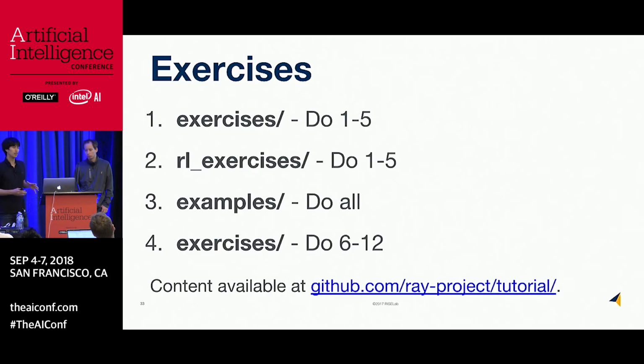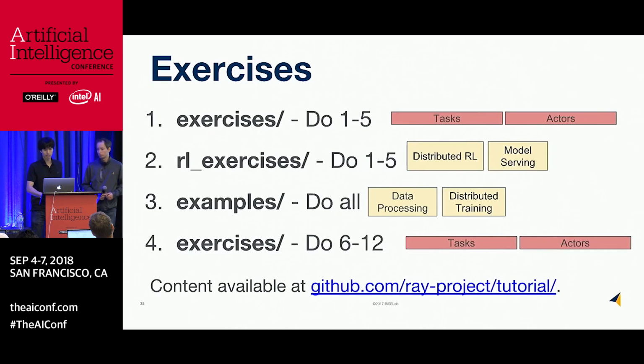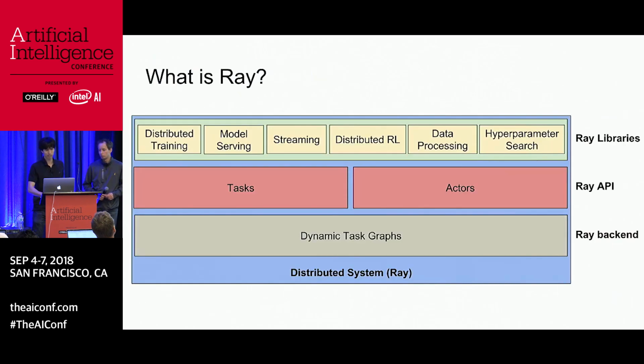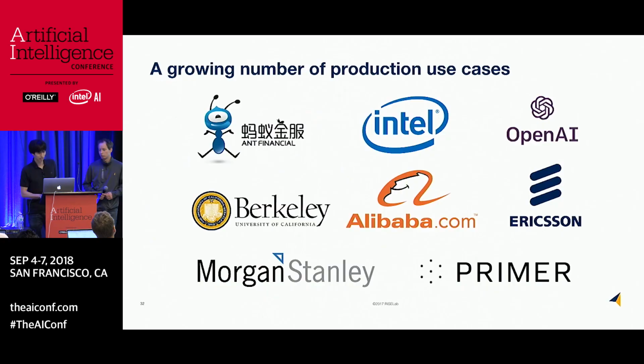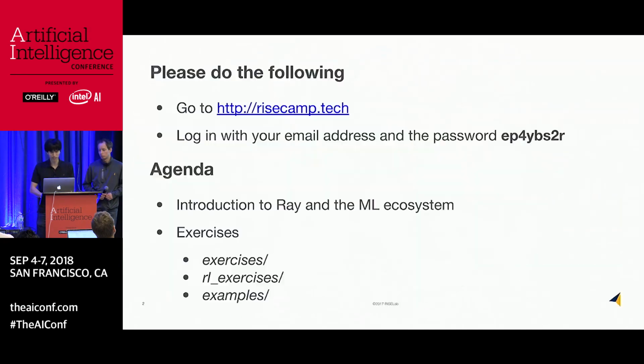So now, the plan for the exercises today. If you succeeded at going to this, let me zoom all the way back. If you haven't gone to this URL, risecamp.tech, please go to that URL and log in. If you're having trouble, please raise your hand.